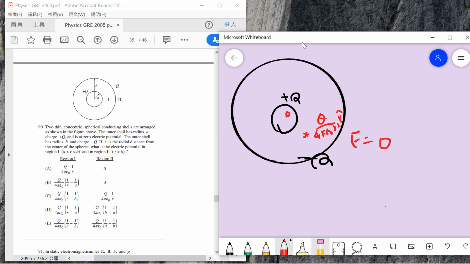So from infinity it is 0. So this one is 0, right? And the outer potential is also 0. At infinity, you know the answer is 0.